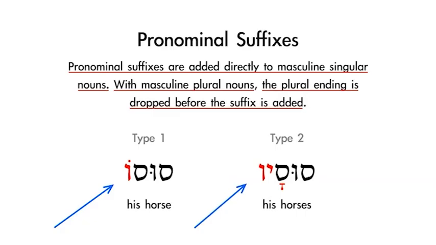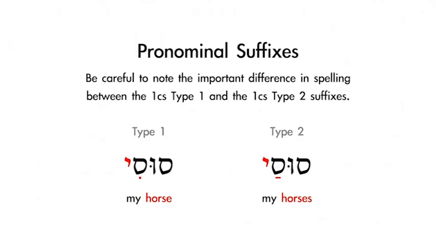Both suffixes are third masculine singular and are rendered possessively as his. But with the first example, sus the noun is singular, and with the second example, sus the noun is rendered as plural horses because it takes a type 2 pronominal suffix. It's very important to remember that when a masculine plural noun takes a pronominal suffix, it drops the im ending and takes the type 2 pronominal suffix.